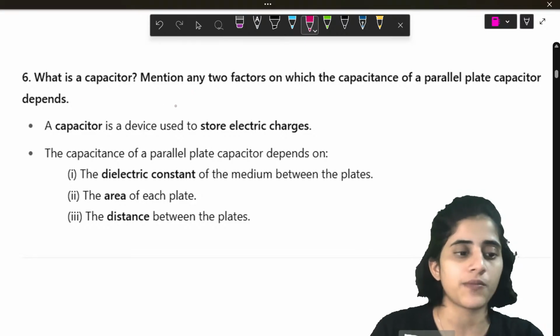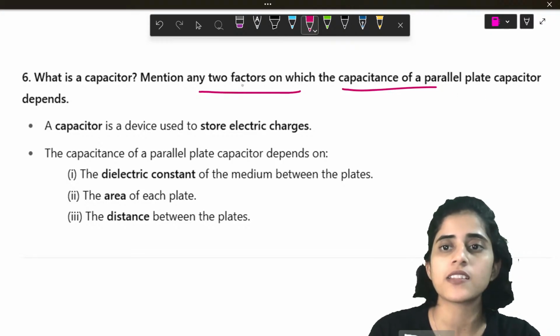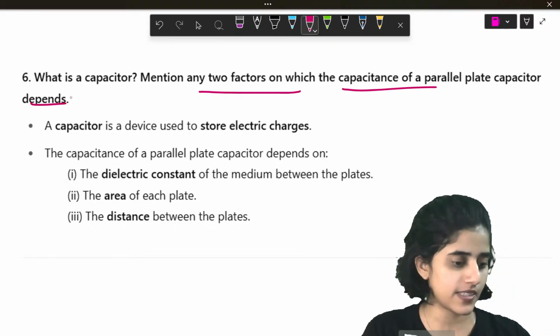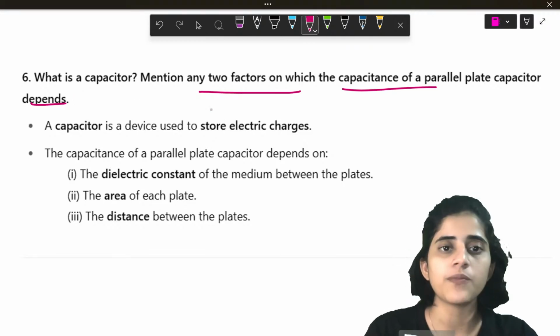What is a capacitor? Mention any two factors on which the capacitance of a parallel plate capacitor depends.